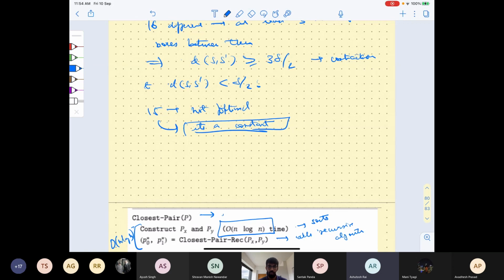But of course, that cannot be done by itself. But if we have more information because of the recursion, the recursive calls gave us more information regarding delta: what is the closest distance on this side, and what is the closest distance on that side? Then we constructed this set S in a particular way, and using that, we were able to exploit it and find the closest pair.